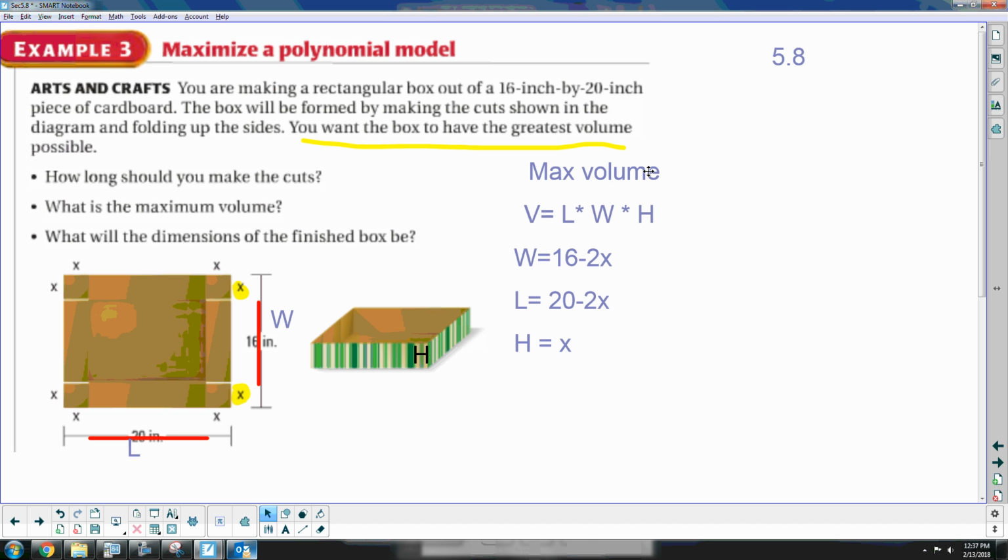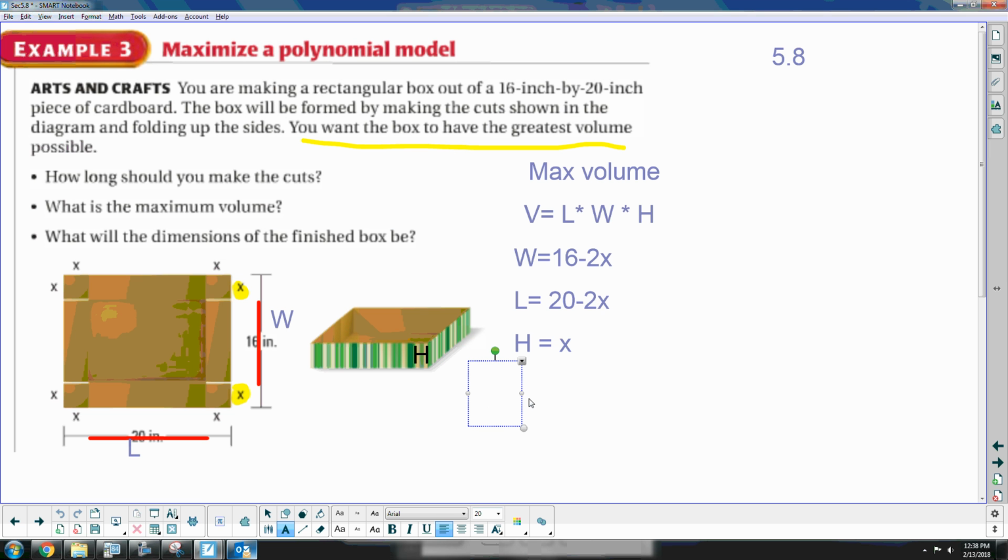All right, so now let's look at the question. How long should we make our cuts? That's us solving for x at the maximum volume. What's the maximum volume? So we'll have to find the maximum volume. And then what are the dimensions of the finished box? So before we do any of this, we need to write this as a polynomial function.